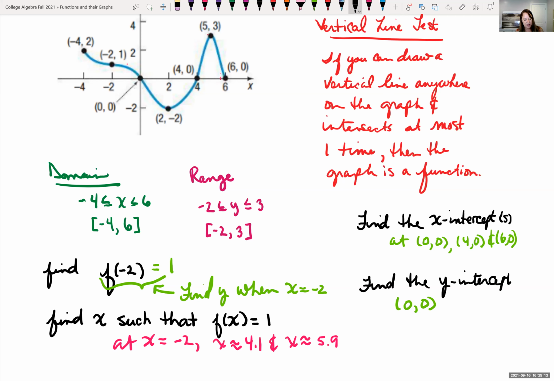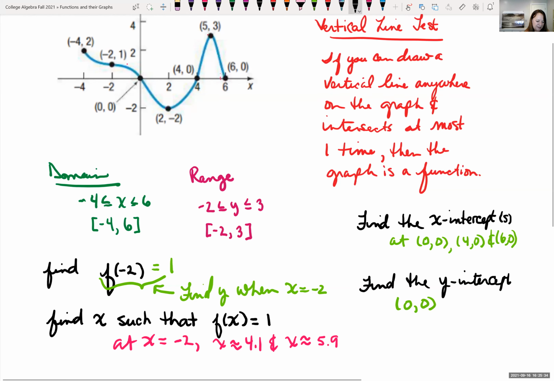Is the graph going up or going down? Think about if you were walking on it, moving left to right. Would you be going uphill or downhill? If we're going downhill, we're decreasing. If we're walking uphill, we're increasing.